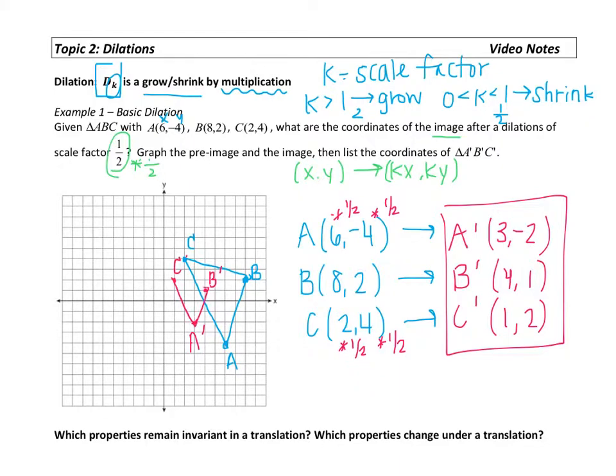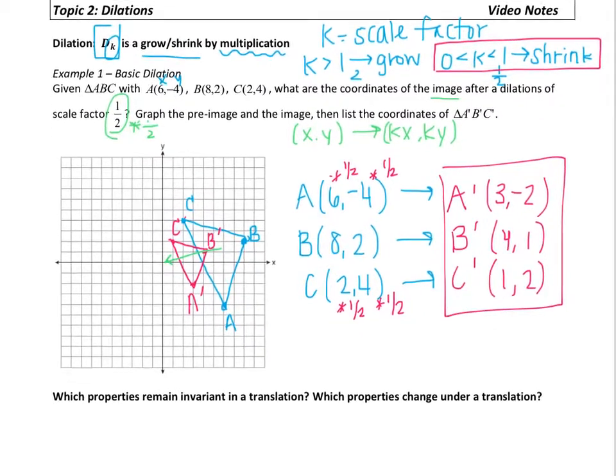So when I connect these, you can see that we did in fact get a figure that shrunk. Remember, if we have a dilation with a scale factor that's between 0 and 1, the figure should shrink, which is exactly what happened here. And the dilation was centered at the origin. So you can see that the figure is shrinking and getting smaller going towards the origin there.